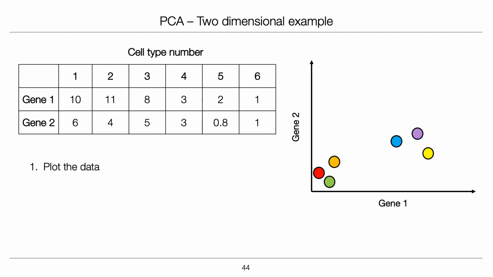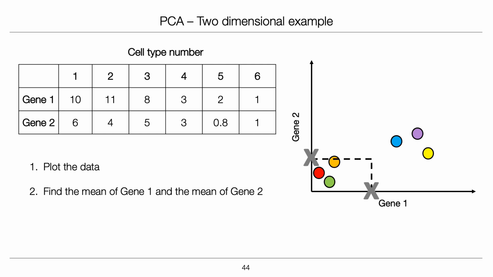In the next step, we find the average expression levels across the 6 data points, as indicated by these 2 gray crosses on the 2 axes. Then we use these 2 averages as the x and the y coordinates of the centroid of our data, indicated by this black cross.